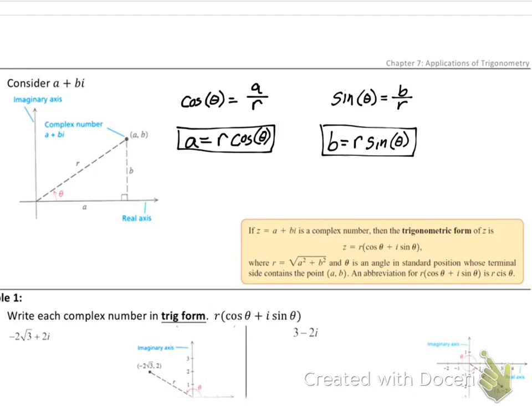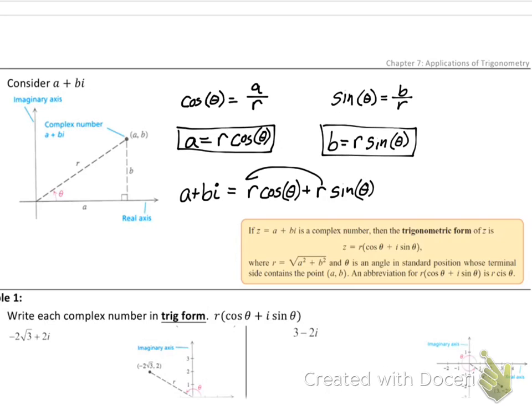So if I replace A with R times cosine of theta and B with R times sine of theta, we can rewrite A plus BI in its trig form. Its trig form is going to be R times cosine of theta plus R times sine of theta. Put those in parentheses.